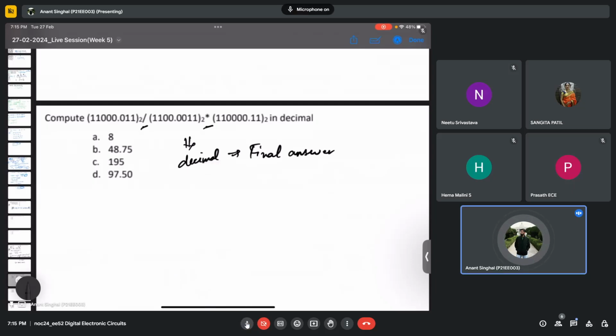Okay, just to clarify, this is something divided by something, and the multiplication part is not in the denominator. So this is like x divided by y times z. So this is x, this is y, this is z.